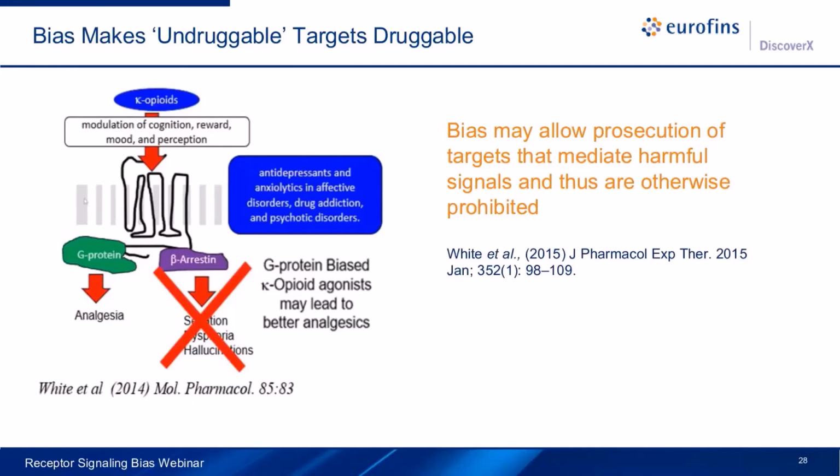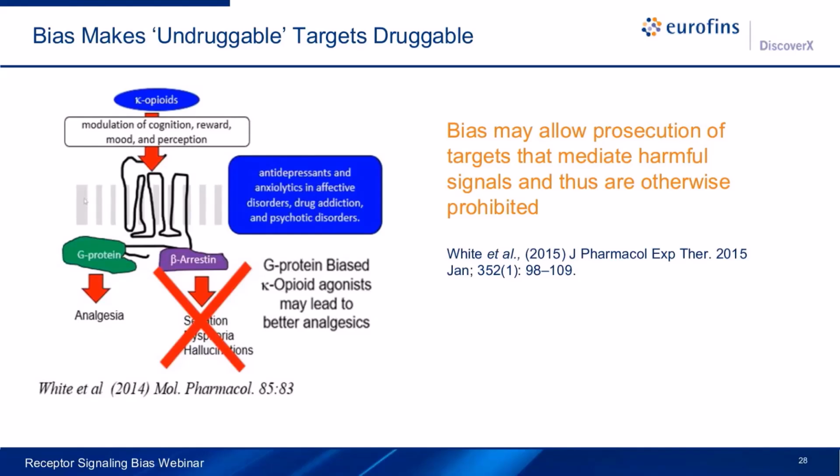Here we have some great work done by Kate White. Kate showed that kappa opioids produce many effects that you could construe to be useful in cognition, reward, mood, perception. However, the trouble is, agonists for this target, like Salvia, also produce horrendous hallucinations.